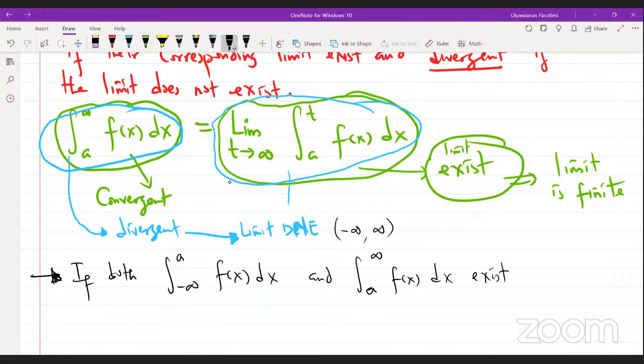If these integrals exist, that means they are convergent, the limit exists, and the limit is finite. You have to connect the dots and see equivalently what those definitions are talking about. Let me say they are convergent.